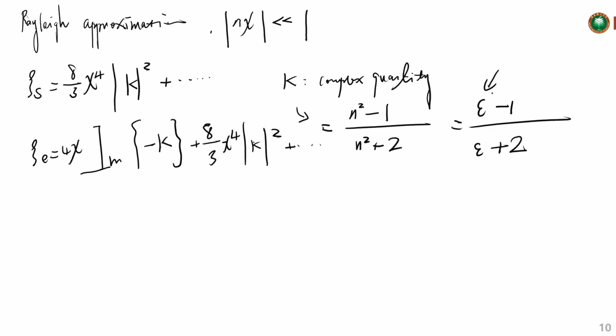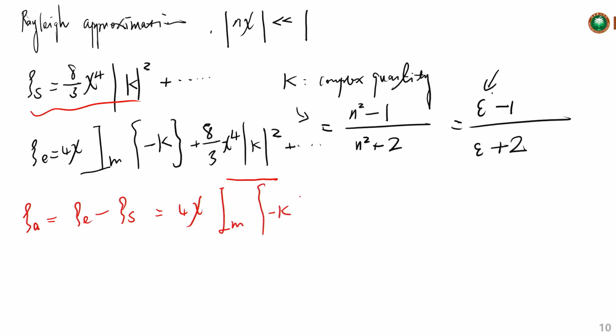So what we can see here is when we compare both terms, the scattering is contained inside the extinction, right? So the absorption is the extinction minus the scattering, so it equals 4 times chi times the imaginary part of minus k. This is the calculation on that one.